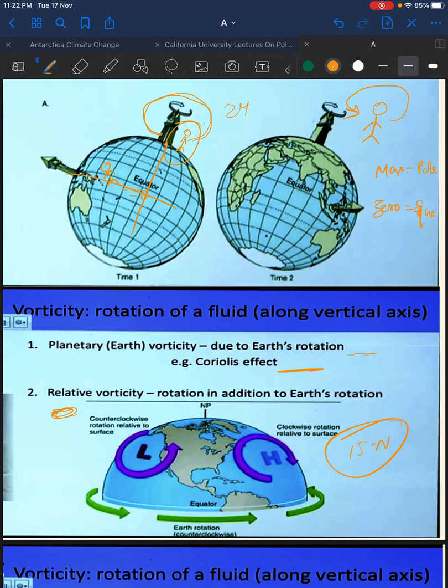So right now I have a certain planetary vorticity, but if I start rotating at this same place, I am sitting over here and I start rotating with respect to the earth's rotation, then I will get some relative vorticity. Is this clear? So for relative vorticity, rotation is required with respect to the earth's rotation.